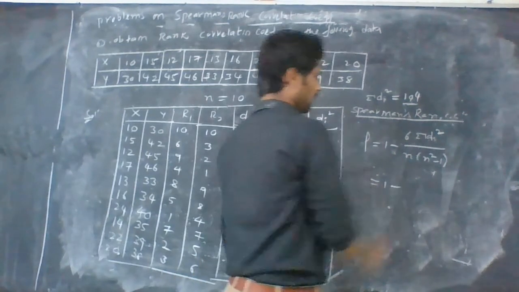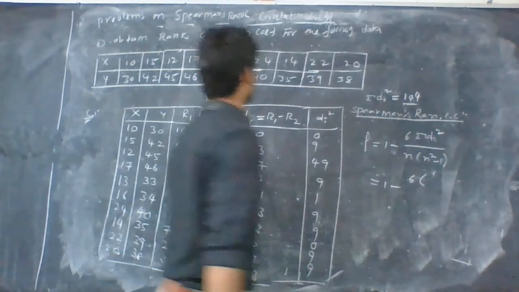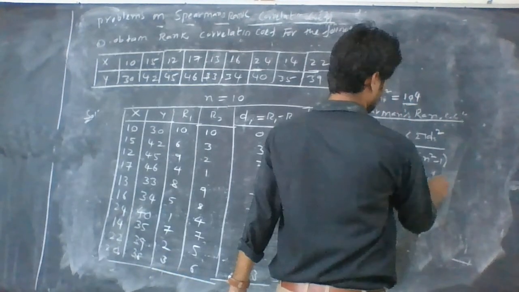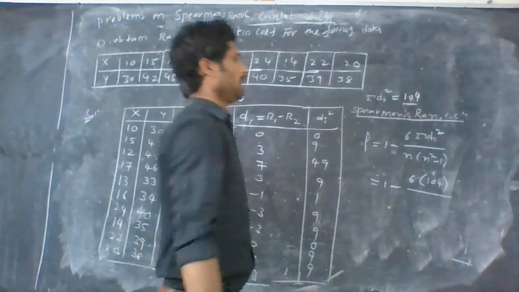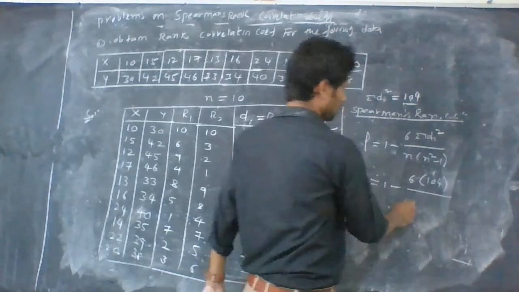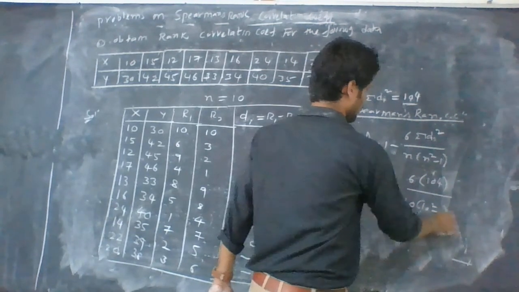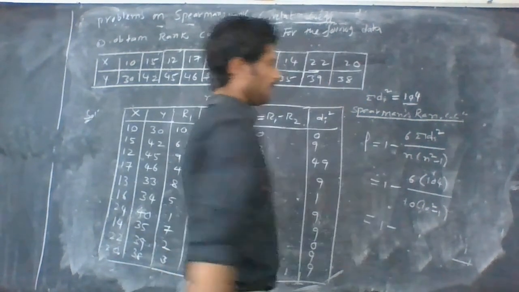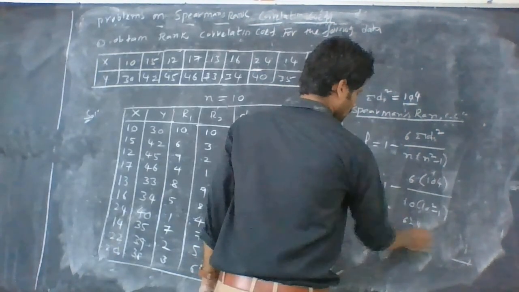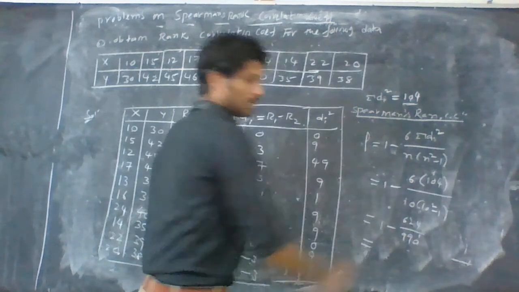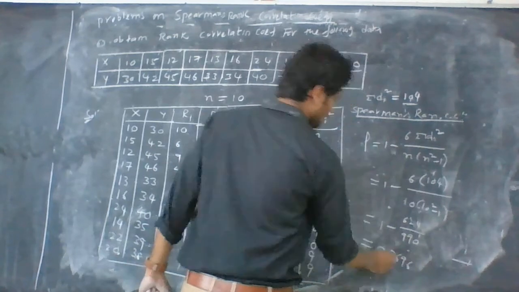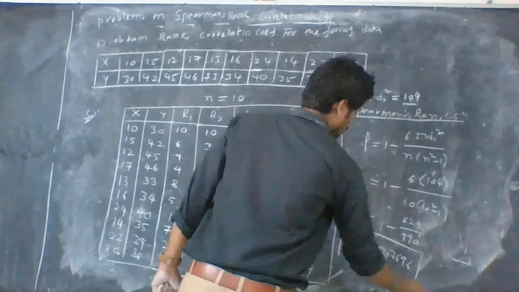So 1 minus 6 into 104, divided by 10 into 10 square minus 1. That is 1 minus 624 by 990, which gives 0.3696. This is the rho value.